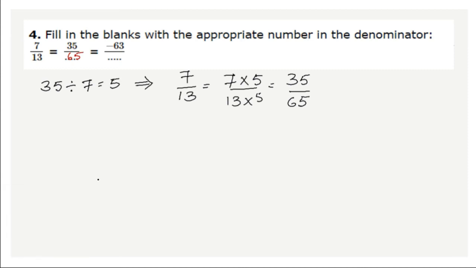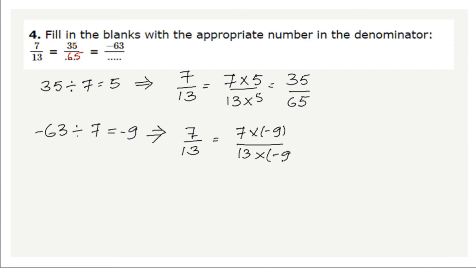To find the second blank, let me divide negative 63 by 7, which is negative 9 times. This implies 7 by 13, on multiplying with negative 9, we get negative 63 upon negative 117.